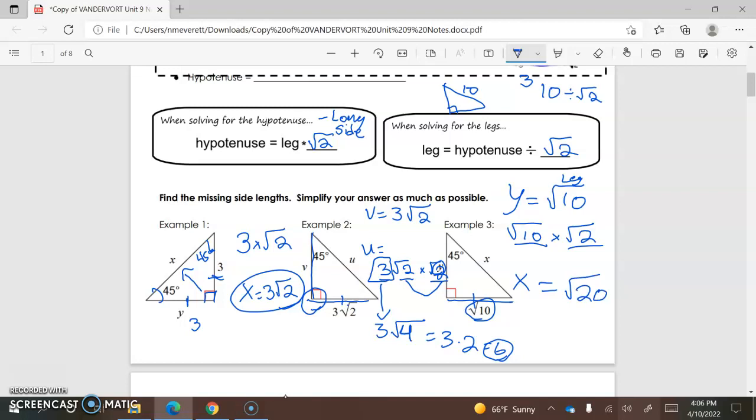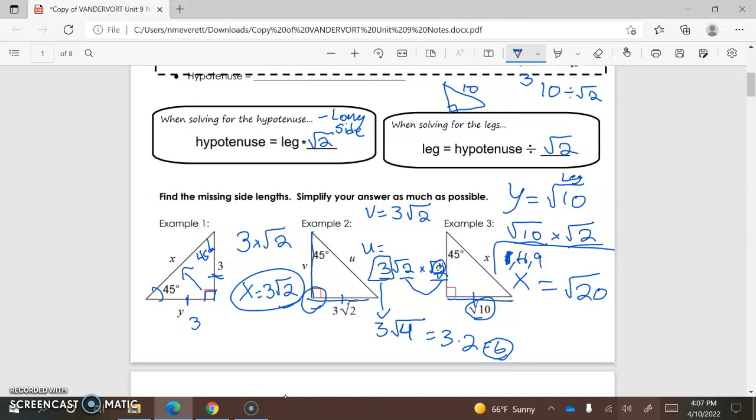Now, we're not done with that, because I need to simplify this as much as possible, kind of as I said up here. Now I want to find a perfect square that goes into 20. So again, perfect squares, I'll list them kind of here. So you got 1, 4, and 9, and 1 doesn't matter. Are there any numbers here that divide 20? And if we look, 20 divided by 4 equals 5.